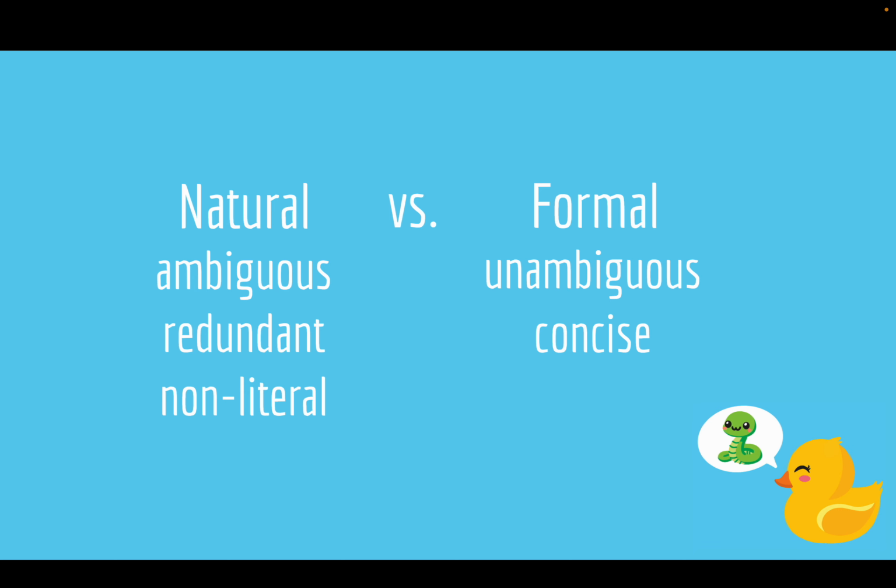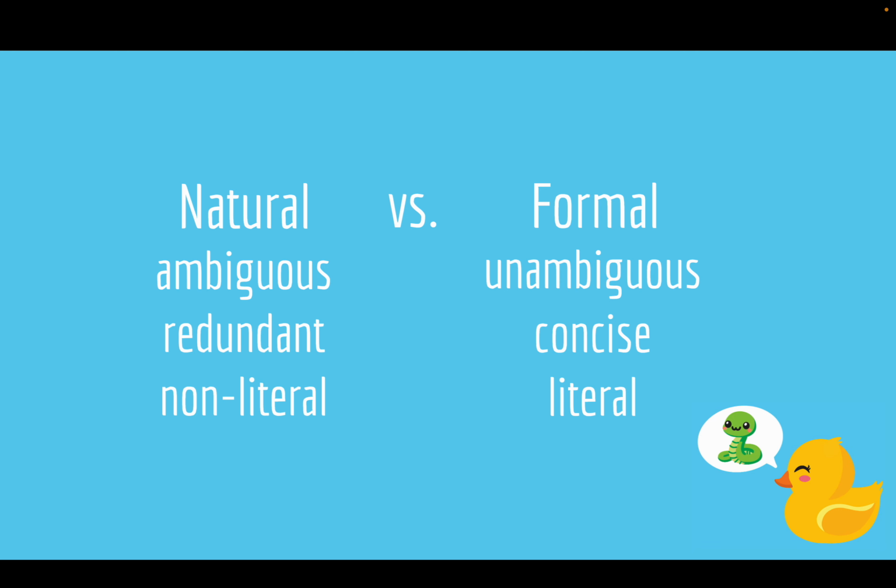That's a non-literal statement, and it could be hard for somebody to understand if they don't have the context. Formal languages, though, are extremely literal. There's no figurative language in Python. It is purely, this is what I am saying in the code, and this is exactly what I mean. There's no ambiguity. You can tell exactly what it's supposed to be doing.